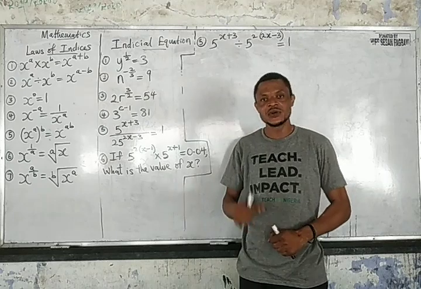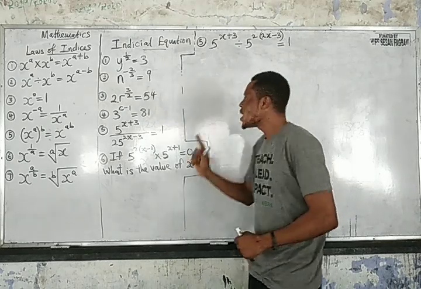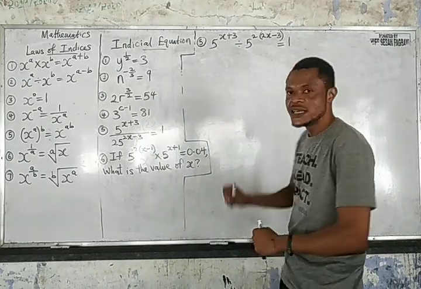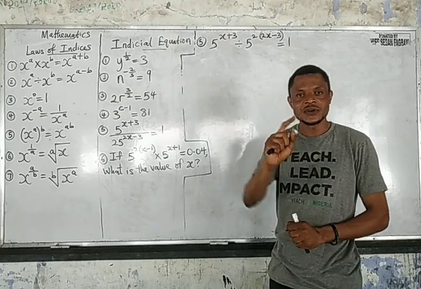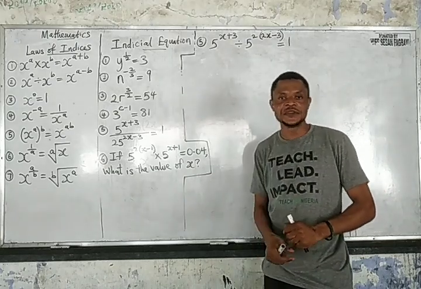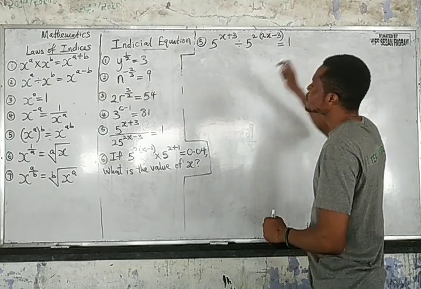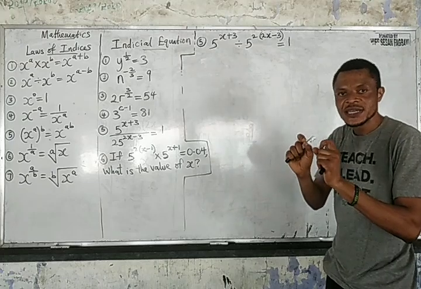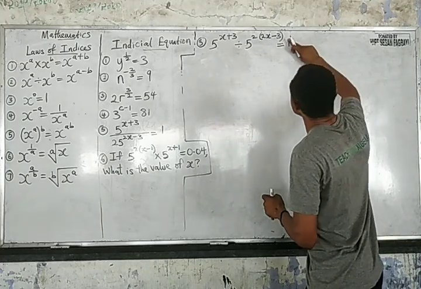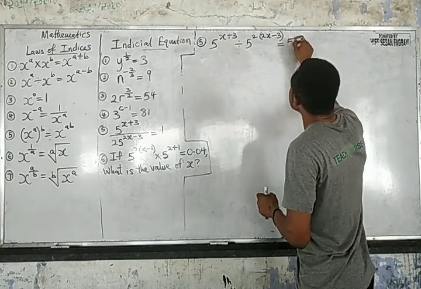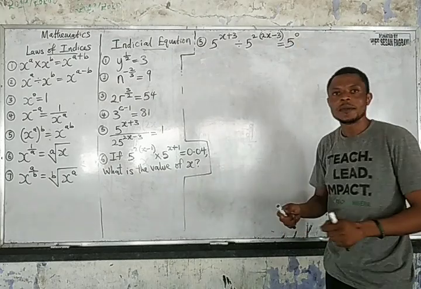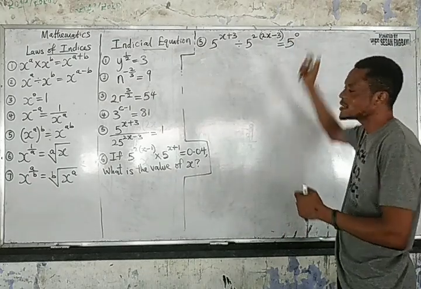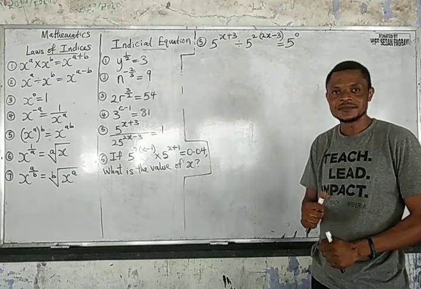You watching this video raised to power 0 is 1. So anything raised to power 0 is 1, apart from 0 itself, which will be discussed in subsequent videos. Now we have 1 here. In order to have all the bases the same, we now write it as 5 raised to power 0, because eventually 5 raised to power 0 is still 1.